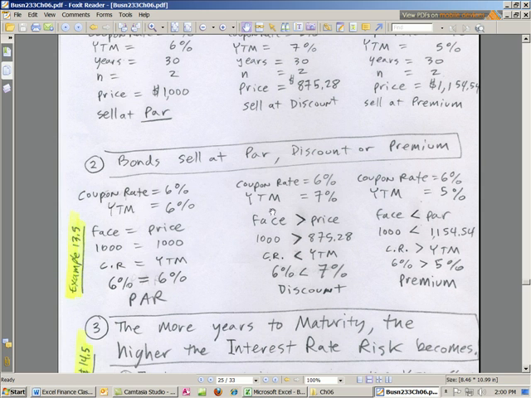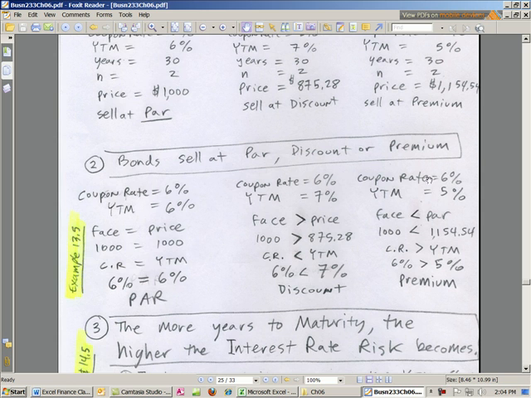So the face value, that means the contract amount, $1,000, will be greater than the price. For example, $1,000 the face value, but we had to discount this bond, sell it for $875 to attract people to this lower rate. In this situation, the coupon rate is less than the yield to market. 6 is less than 7, sells at a discount.